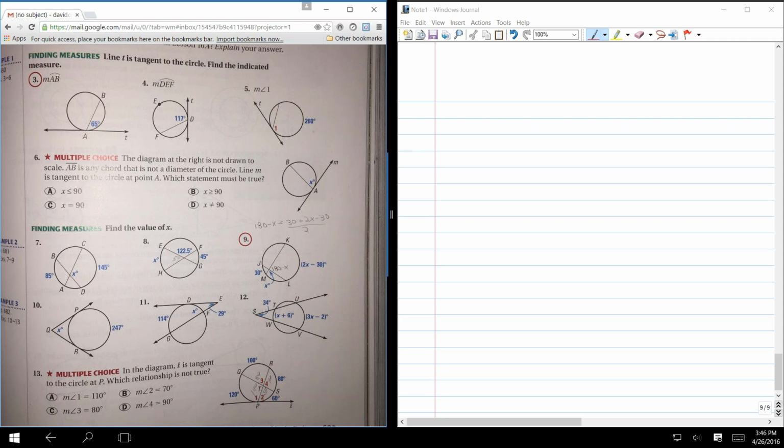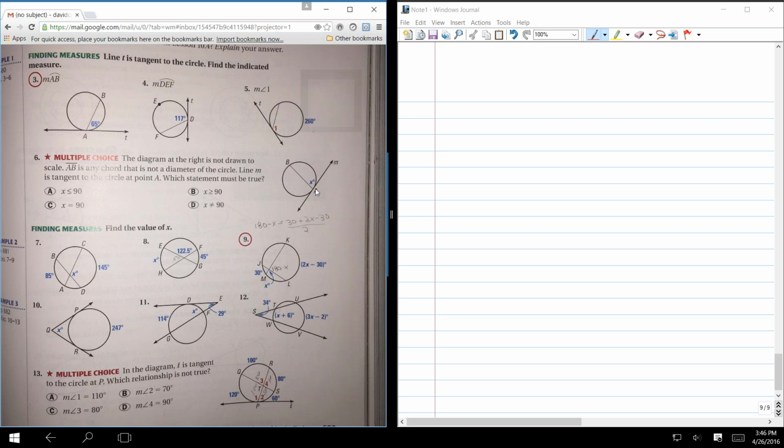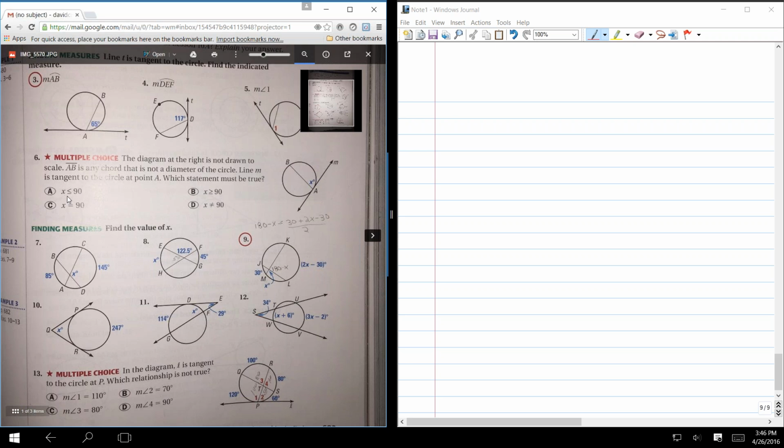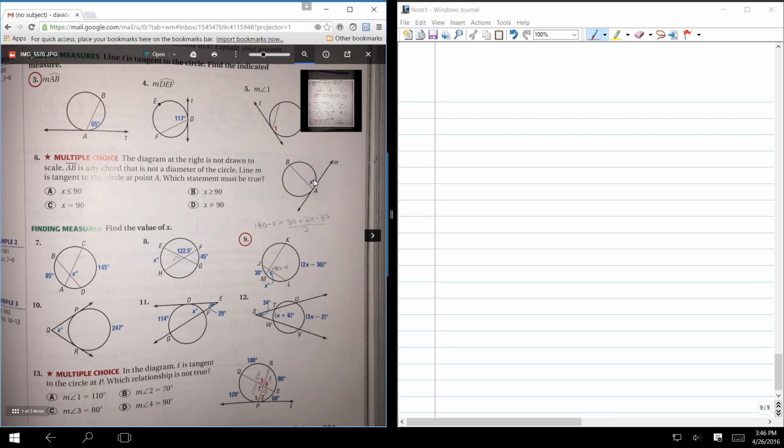Since they're saying it's not, it's somewhere to the right of the center, then this arc from B all the way around to A has to be less than 180, making angle X less than 90. I'm not so sure that I like their less than or equal. I don't know how it could be equal. If AB is not a diameter, then that angle has to be less than 90.